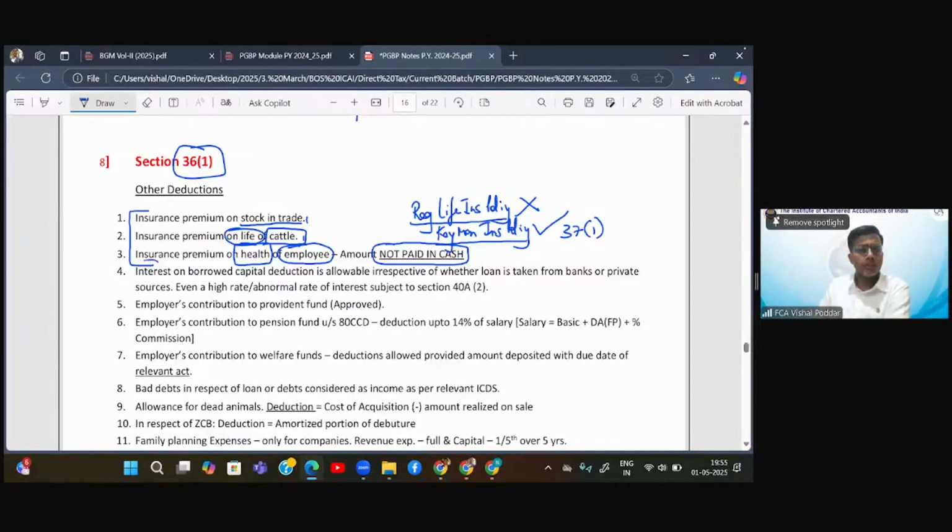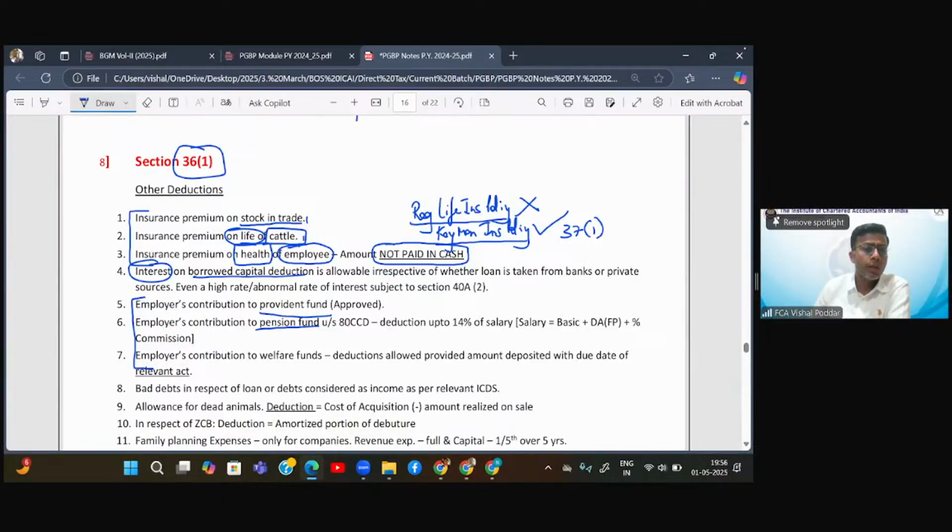Next deduction is interest, where you have taken any loan. For that loan, whatever interest you are paying will be eligible for deduction. Next, these are all employee related deductions. As an employer, you have to contribute to different funds of the employee. One is provident fund, another is pension fund, then you have gratuity fund.